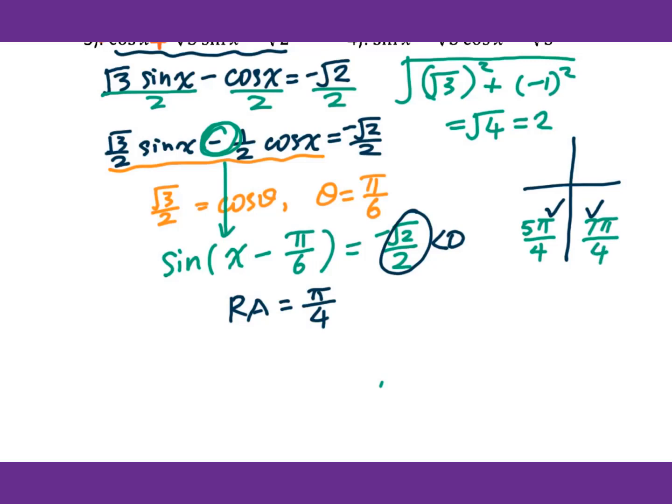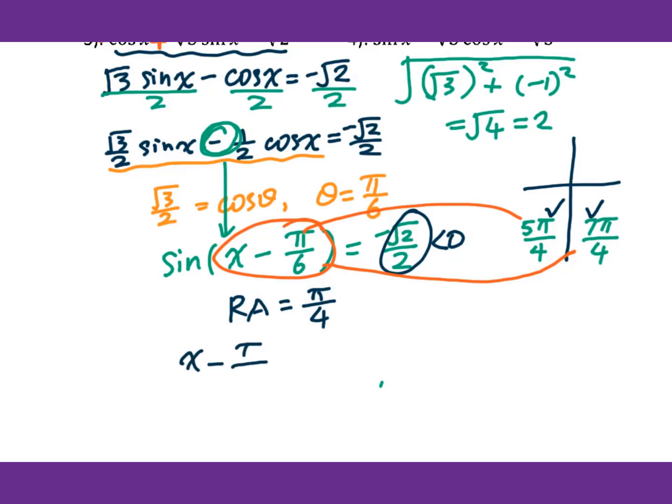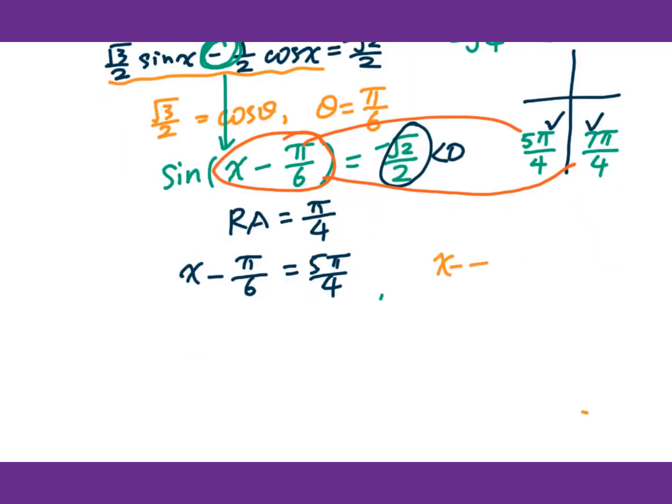Then we will make this angle equal to these two. So we set up x minus pi over 6 equals 5 pi over 4, and also x minus pi over 6 equals 7 pi over 4. We need to solve these two equations to figure out this x. We add pi over 6.